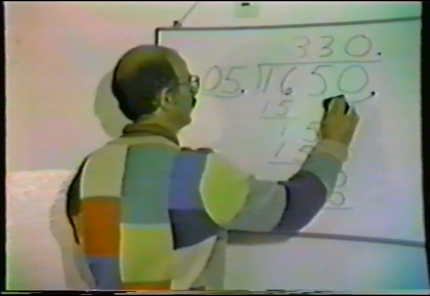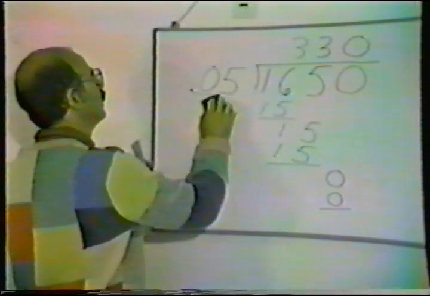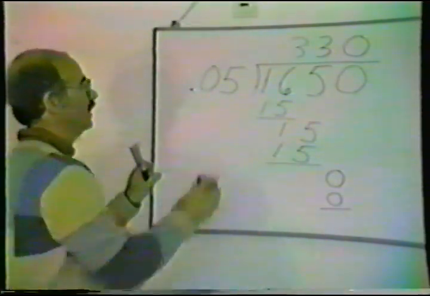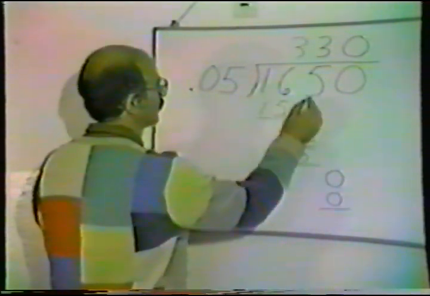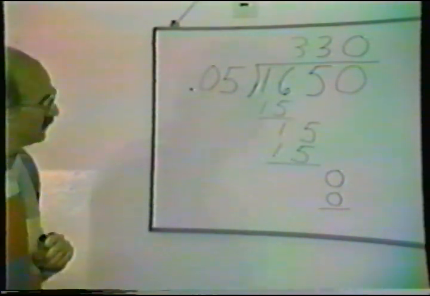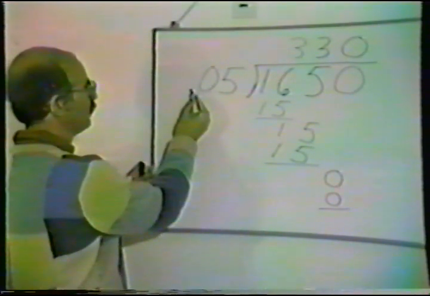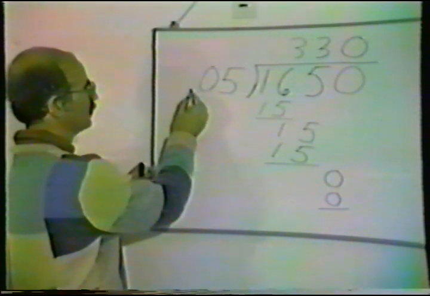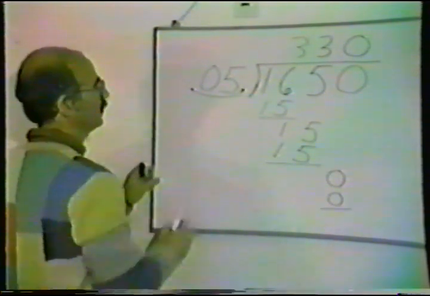330. And we'll do one more problem with these same numbers. And we'll do it just like that. What do I do with this decimal point? It goes 2 places to the right, so that it will be at the end.